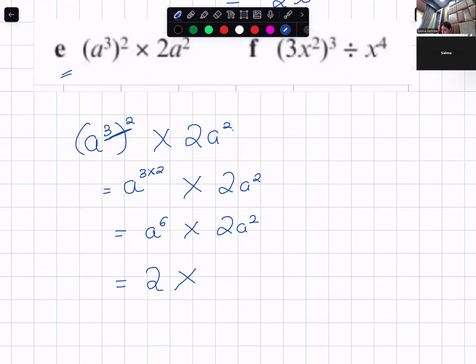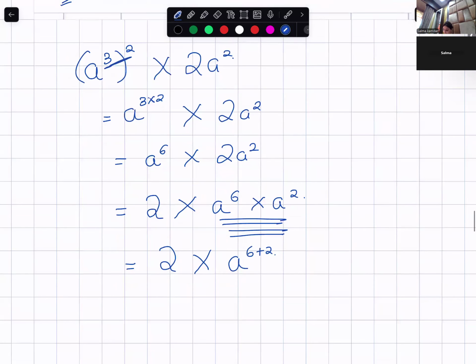So it will become 2 into a raised to 6 into a raised to 2. Base is the same. Multiplication means addition. So this becomes 2 into a raised to 6 plus 2. So this will become 2a raised to 8.